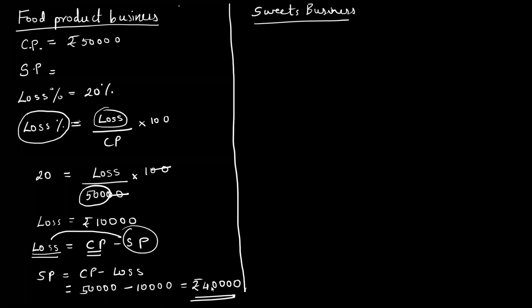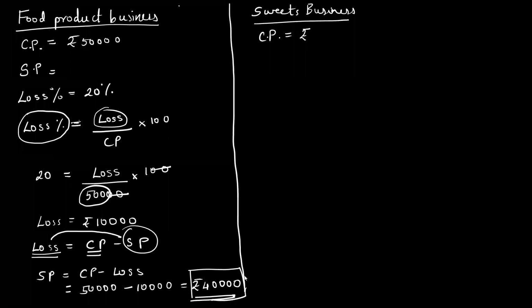The second year he's investing the remaining capital. This is the remaining capital. He's now investing it in the sweets business. Can you tell me what is the cost price for the sweets business? 40,000. Correct.